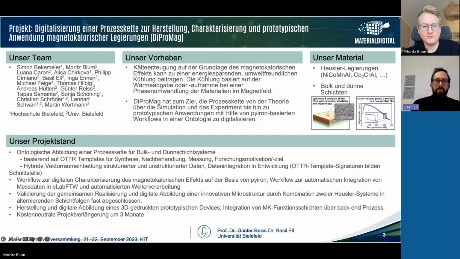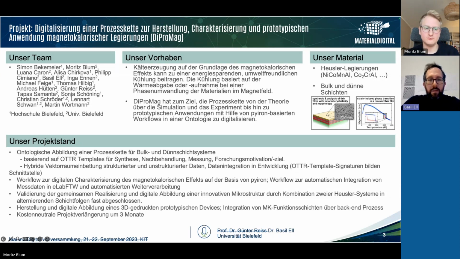Next slide, please. All right, but before we go into those technical details about the ontology and about the methodology, let me first tell you about what kind of materials we are dealing with here. We are dealing with magnetocaloric materials. These are specific alloys that have an interesting property. With a magnetic field, we can control whether they absorb or release heat.